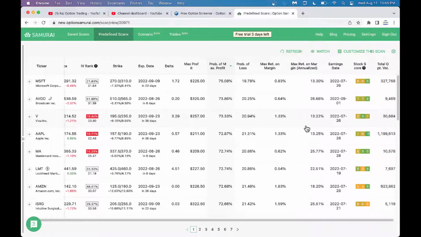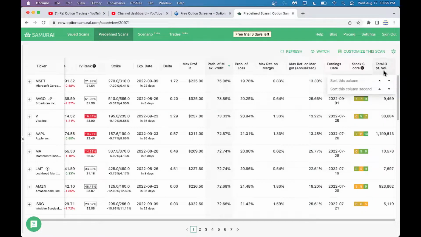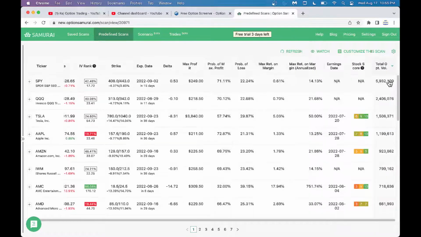As you can see here, you could just click right here and click on descending. Look, we got SPY again. Many of these ETFs are very liquid with nice and high open interest. You could basically trade, in this case, sell strangles for those.